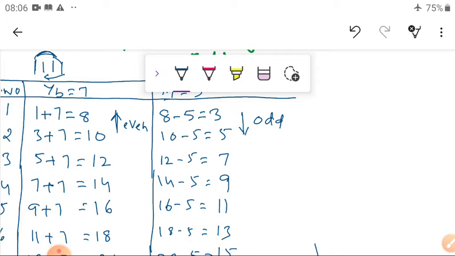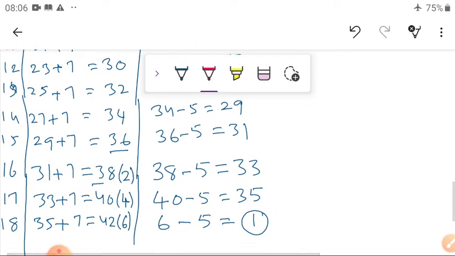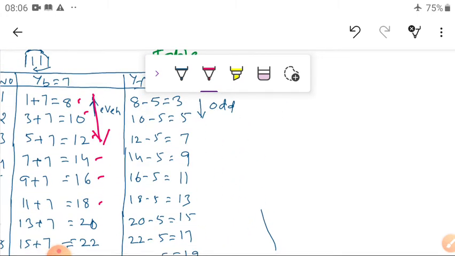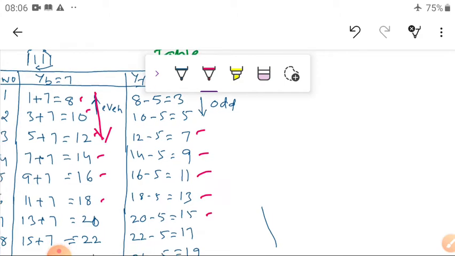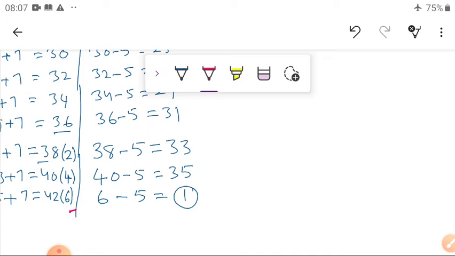Here all are even values: 8, 10, 12, 14, 16, 18, such that you get all even numbers up to the sixth conductor. Now you can check here also, all are odd numbers: 3, 5, 7, 9, 11, 13, 15. So you can check whether it is correct or not. We started from 1 and ended at 1, so our winding table is sound.